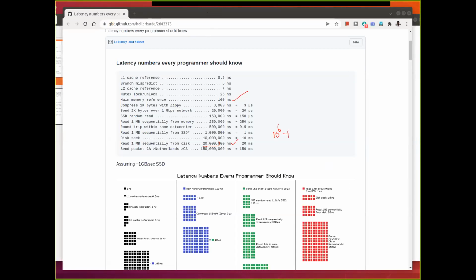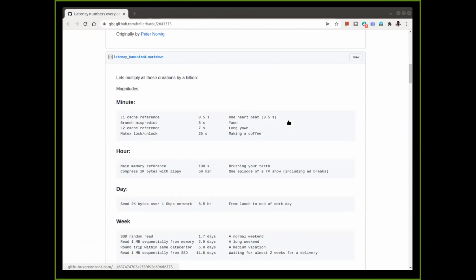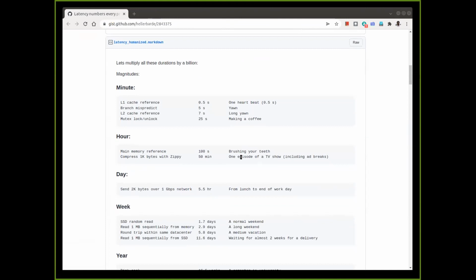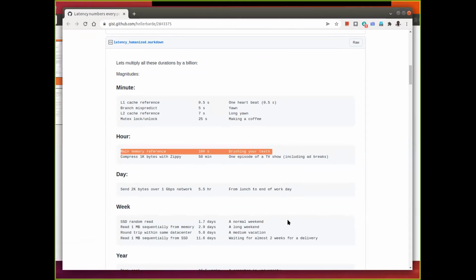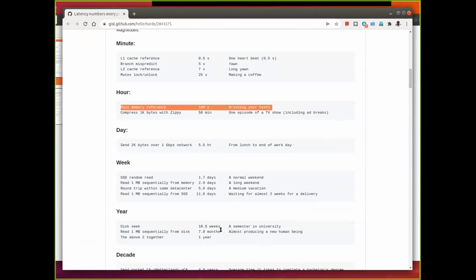We will not be able to quite appreciate what this difference means, so there is what is called a humanized difference. For example, if the time required to access your data present in main memory is equivalent to brushing your teeth, then the time required to access 1 MB of data from the disk is 1 semester.